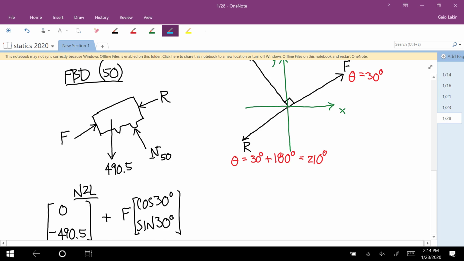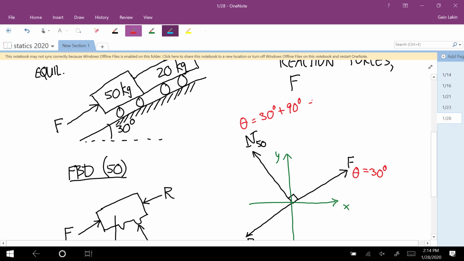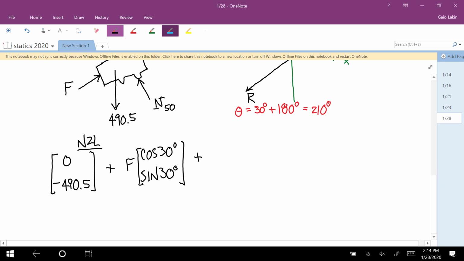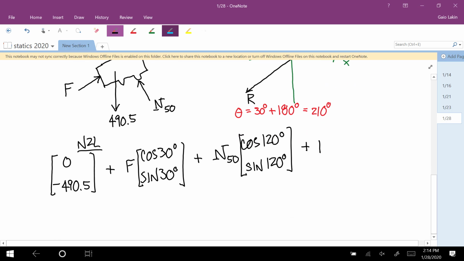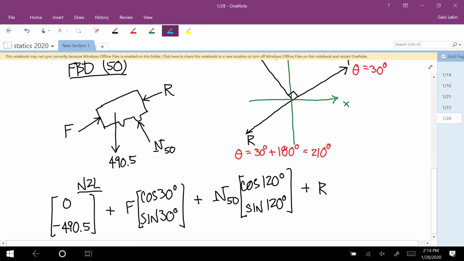And then we have N50 times cosine and sine of 120. And then the last one is R times cosine and sine of 210.